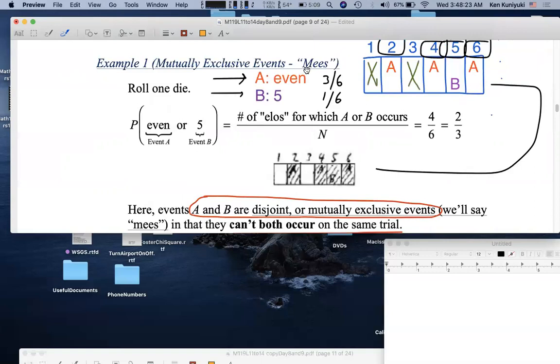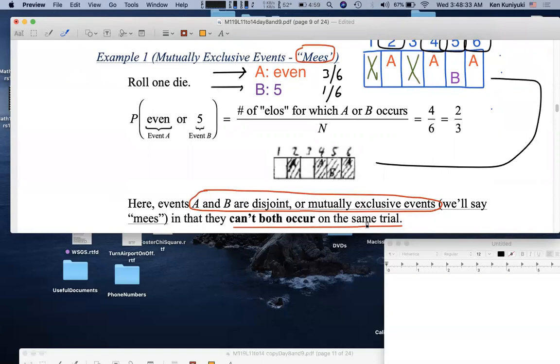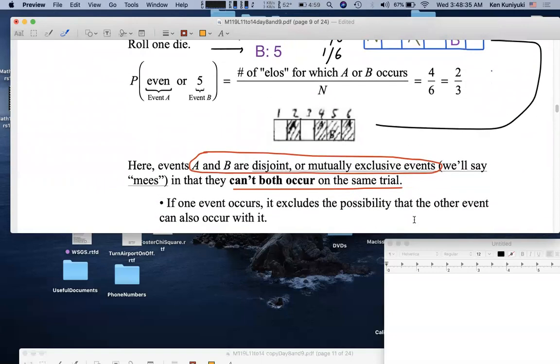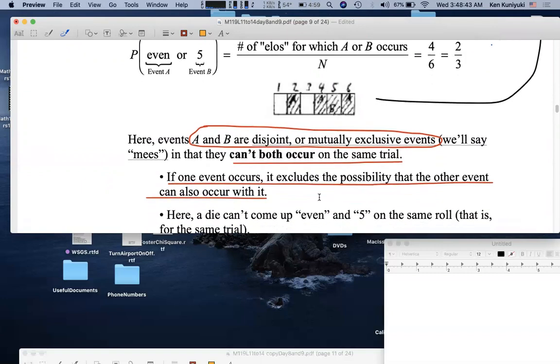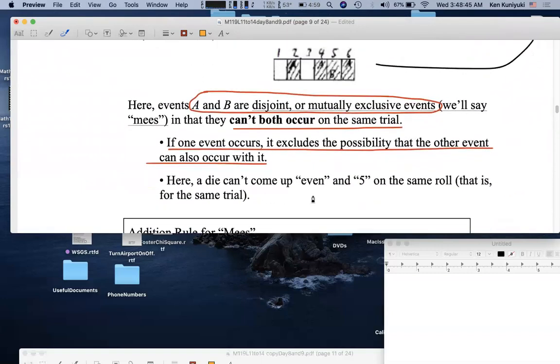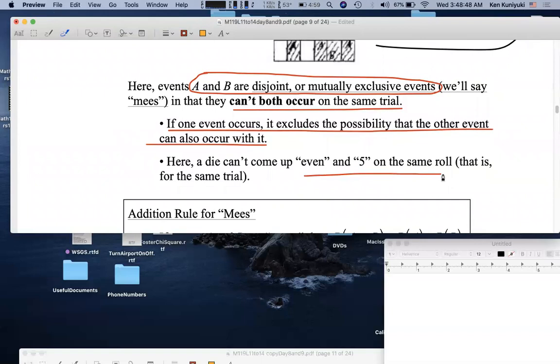Again, these are mutually exclusive events, Mees, because you cannot roll a die and get an even number and a 5 on the same trial, on the same roll. They cannot both occur on the same trial. In other words, if one event occurs, it excludes the possibility that the other event also occurs on that trial. So even and 5 cannot come up on the same roll.